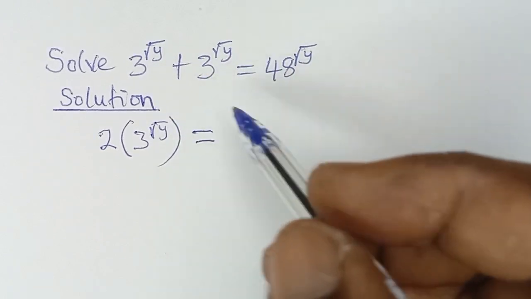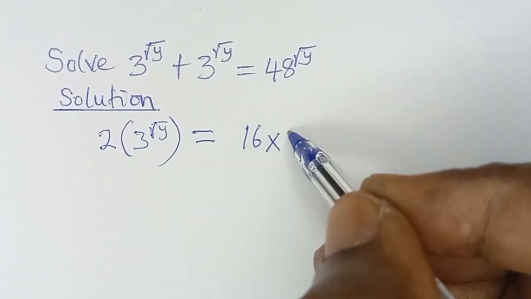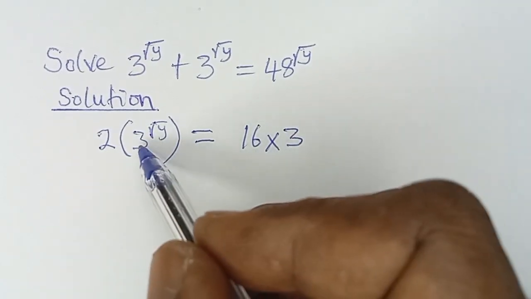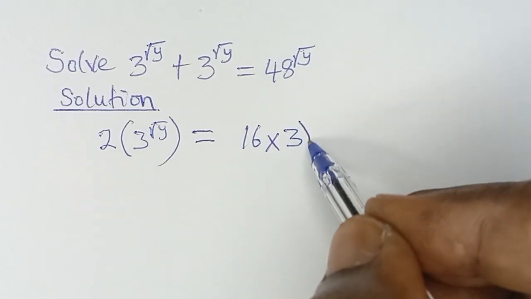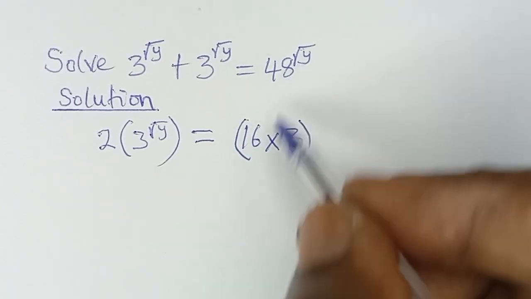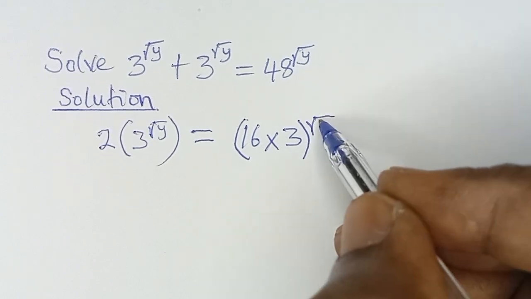So the best multiplication will be 16 multiplied by 3, so that we have a common 3 on both sides. Since 48 is 16 multiplied by 3, then the power, we'll put it outside there, the root y.